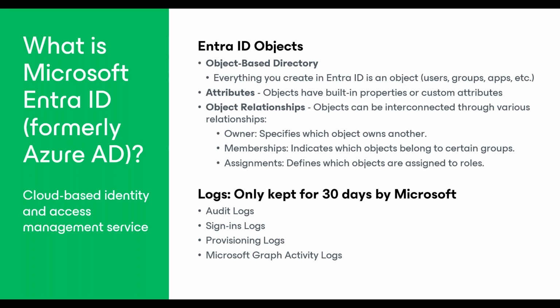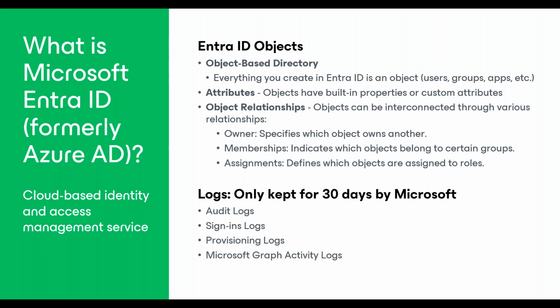So essentially everything you create in Entra ID is an object, and this object is, at a high level, a data construct. For example, a user, a group, or an application that represents an entity within the directory.